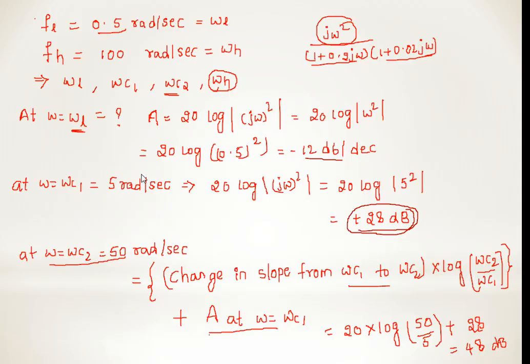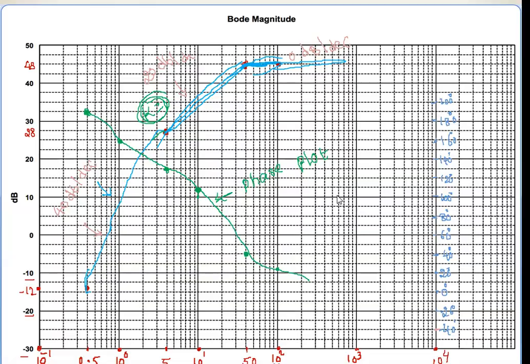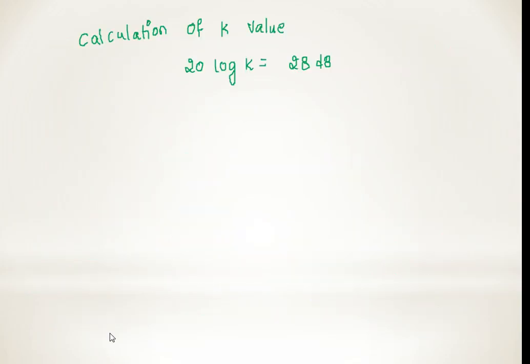So we have to equate the 20 log k equal to 28 decibels in order to calculate the k value. So from this, log k equal to 28 by 20. So from this, k equal to 10 power 28 by 20.